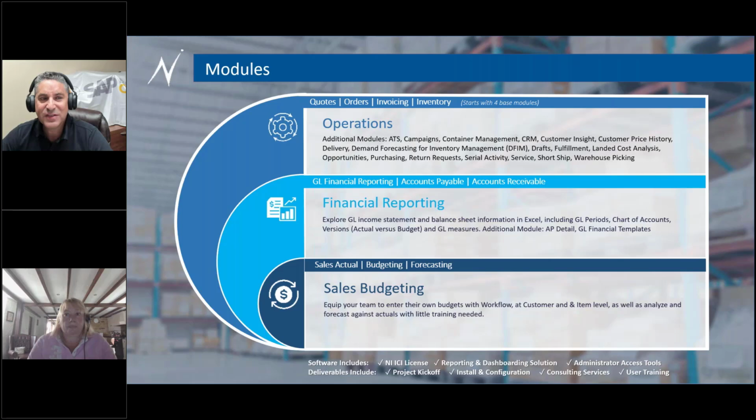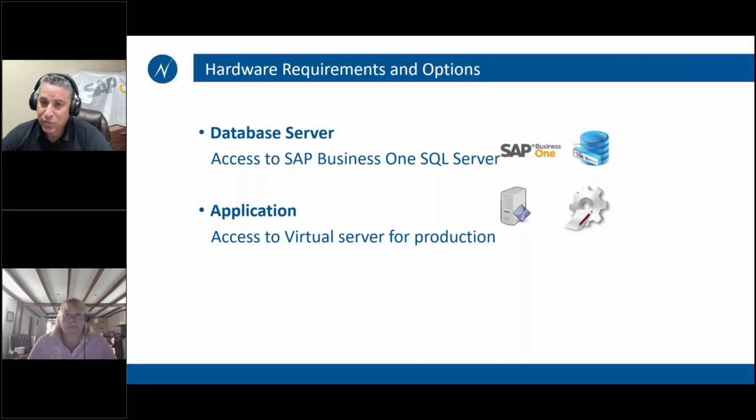Now, in terms of the hardware architecture, we do require access to SAP Business One, whether it's SQL Server or HANA, and then there's also a VM where we need to put the application. So that's the overall architecture.